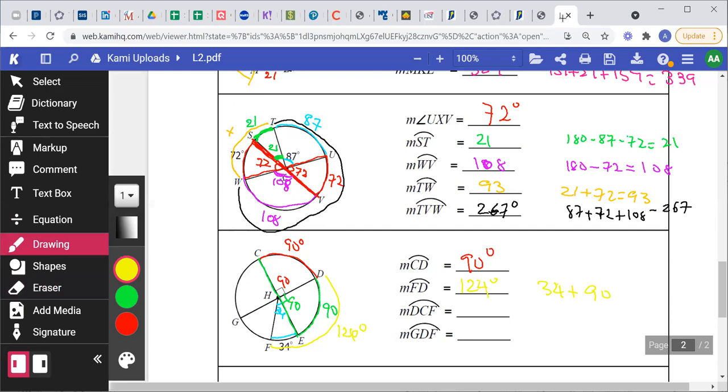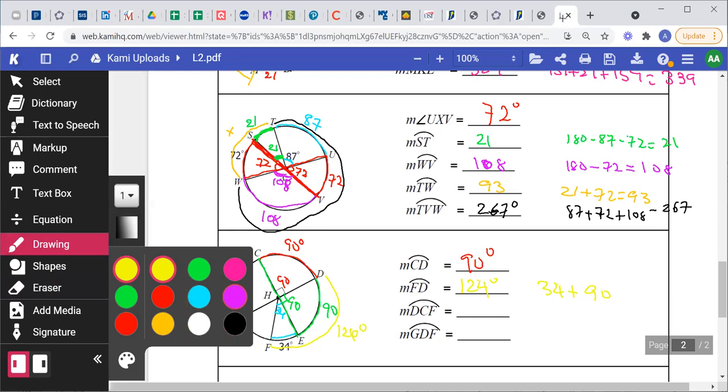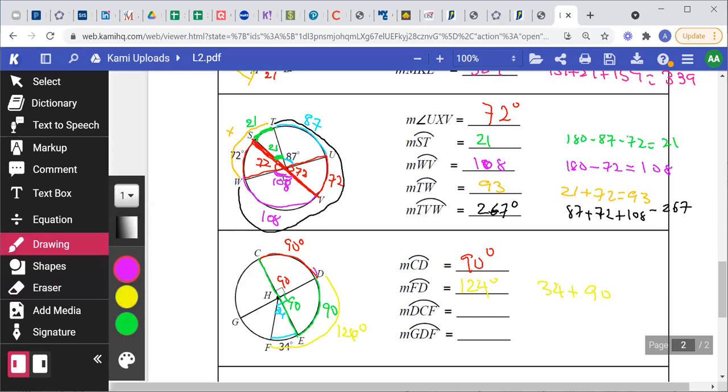And then DCF. Okay, so you see right now, DCF, D to C and then to F. That talks about the major arc, okay? So for DCF, we know DC to be 90. We don't know CG, and we don't know GF.